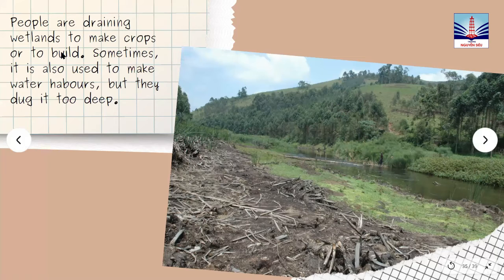And for the coral reefs, carbon dioxide in the air mixes with the seawater and produces a weak acid. And this type of acid prevents the coral reefs from making bones.